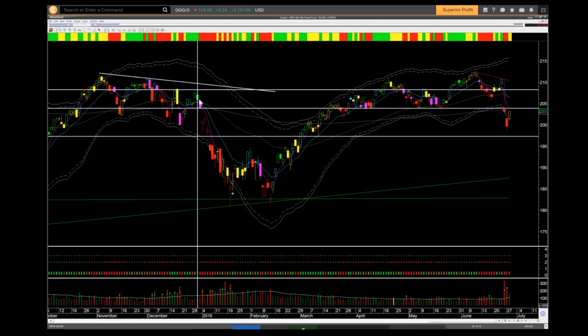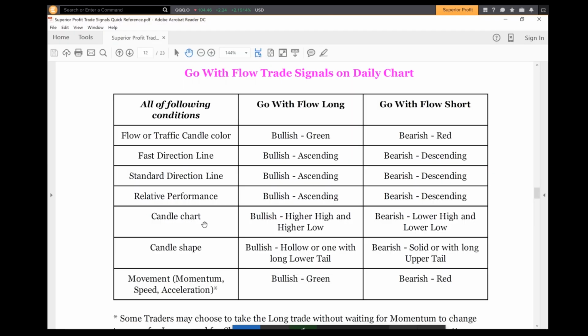So if we are on this day, we can say the stock is starting to fall on the candle chart. We have lower high, lower low. So that criteria, bearish, lower high, lower low, is true as of 31st December. Then the candle shape of that exact day should be bearish, solid, or with a long upper tail.